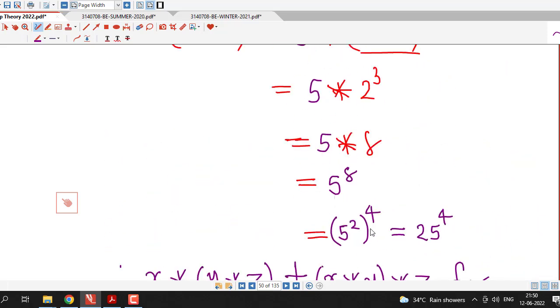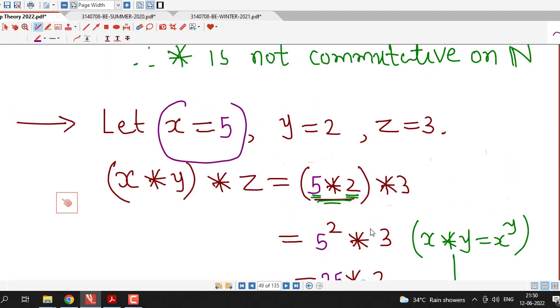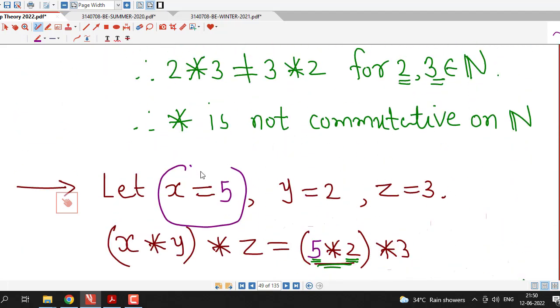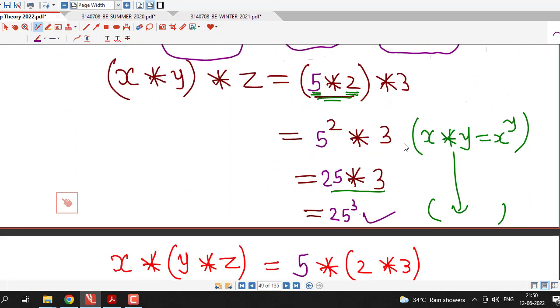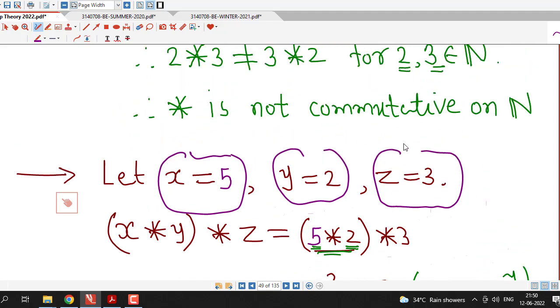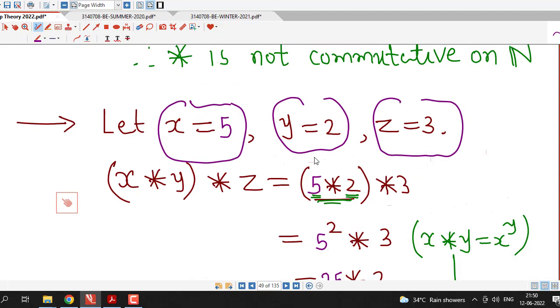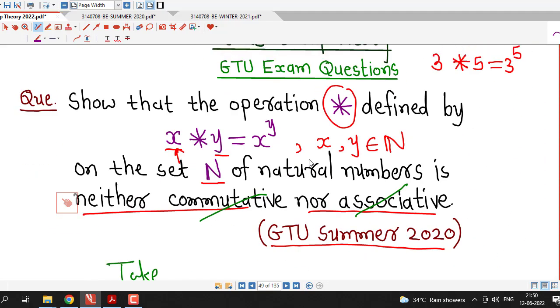So in this way you can decide particular elements. You don't have to cram all these elements. You just start by trial and error, and if you are not getting inequality, you can change your choice. And here it is sure that this operation is neither commutative nor associative, because you are asked to show that.